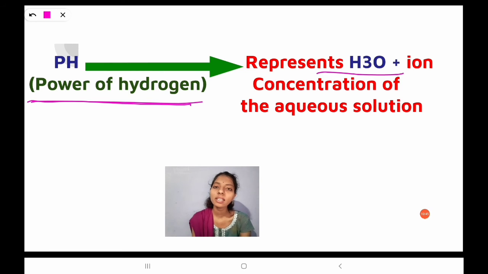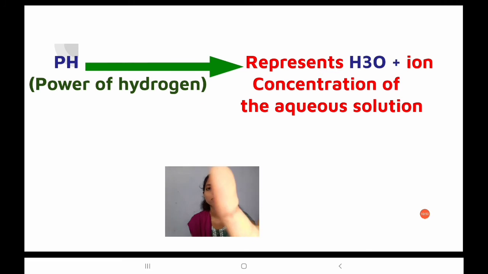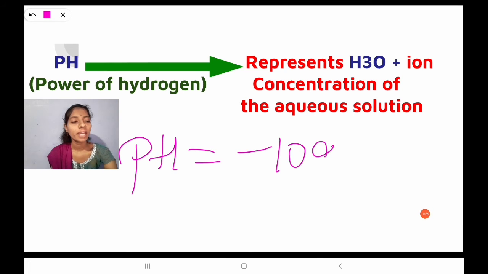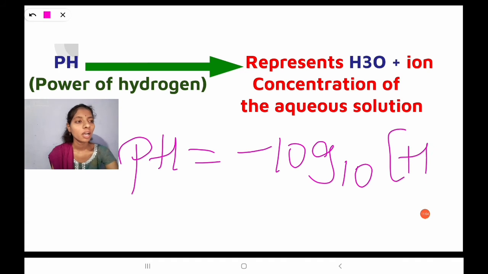So how can we calculate the pH? See here, pH equals minus, that means negative, log of the hydrogen concentration. We know the solution contains hydrogens. So we can calculate pH equals the negative of log base 10 of the H+ ion concentration.